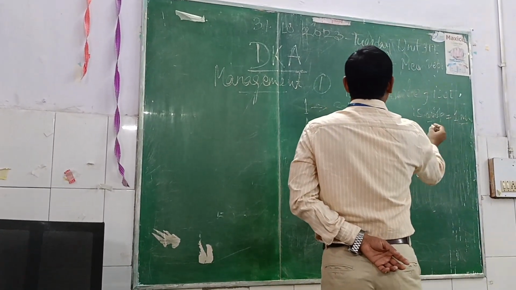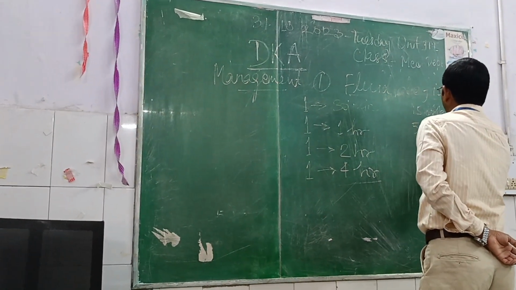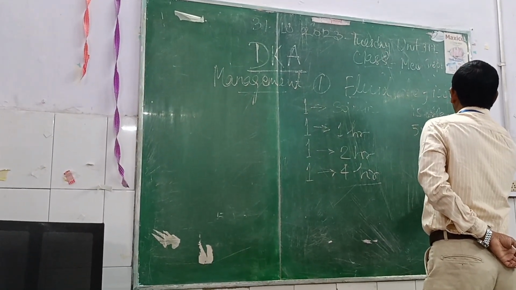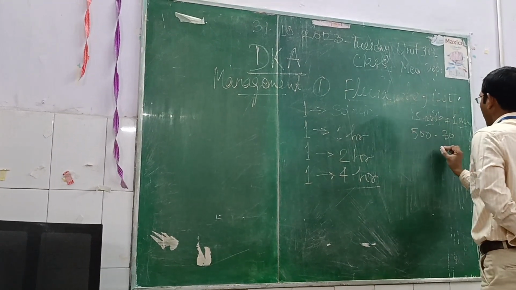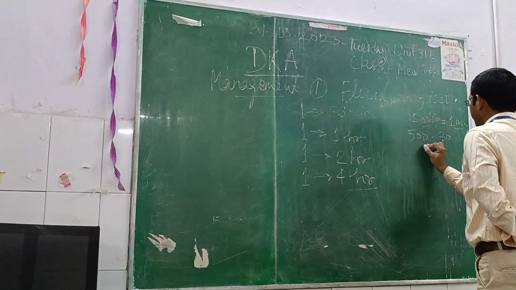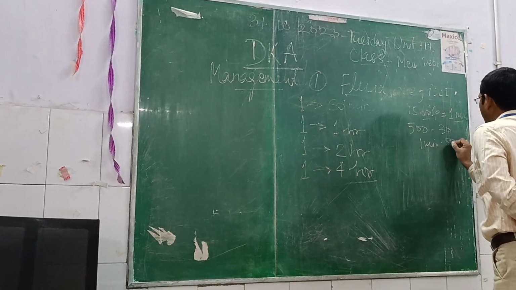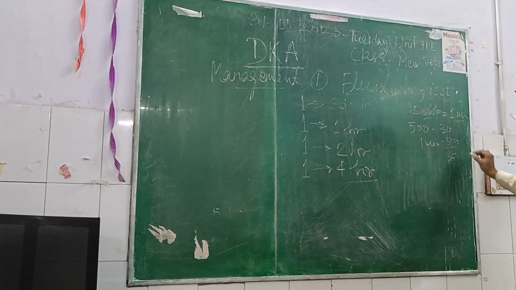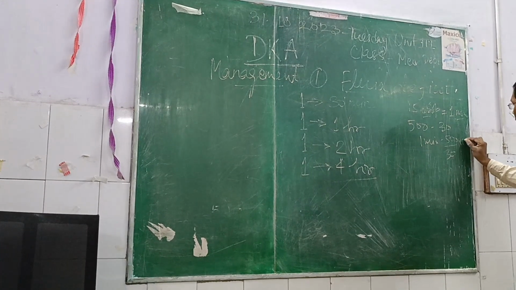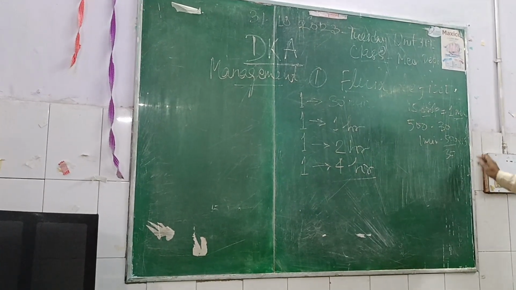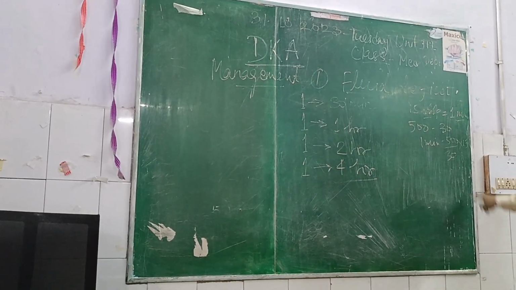Suppose you have to give 500 ml in 30 minutes. So in 1 minute, you have to give 500 divided by 30 into 15 drops.